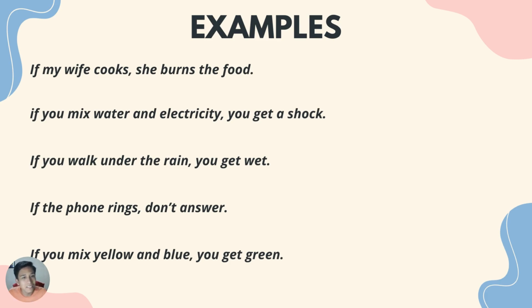As we said, we use the zero conditional to talk about something that is generally true. So it is obvious that when you walk under the rain, you get wet. It is true.